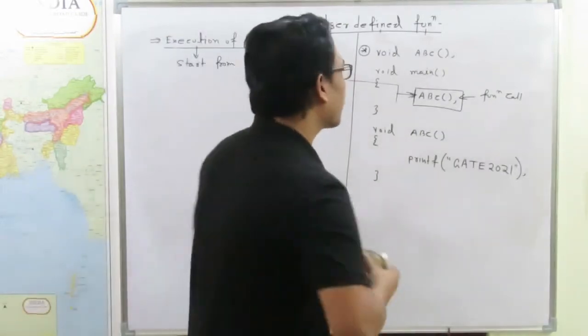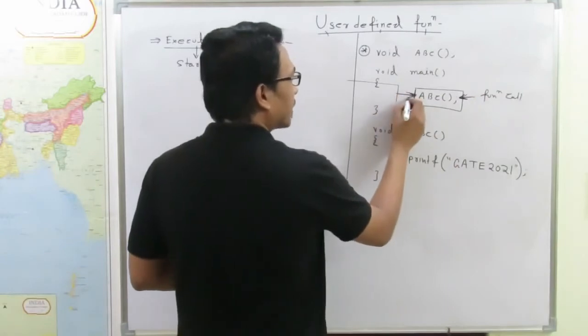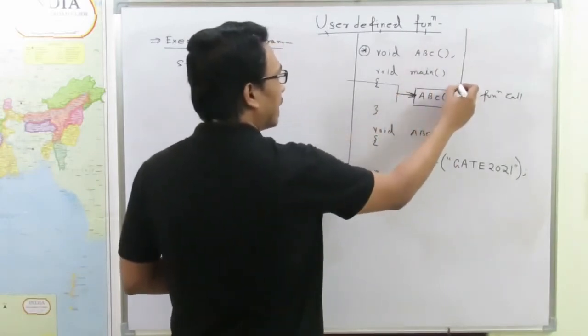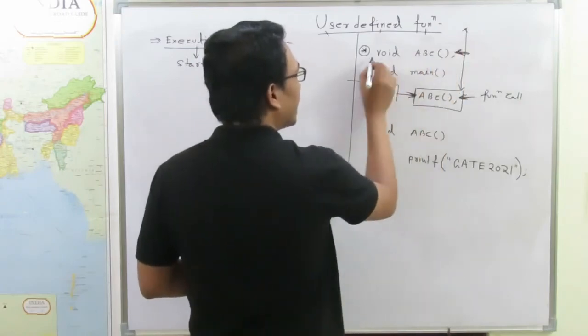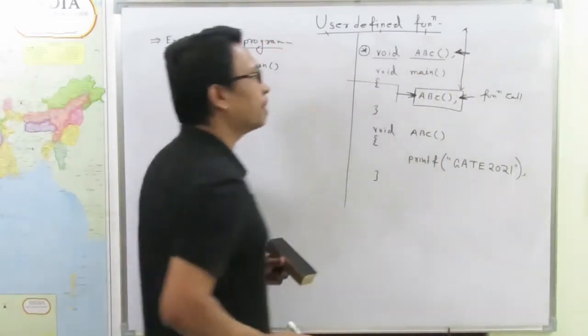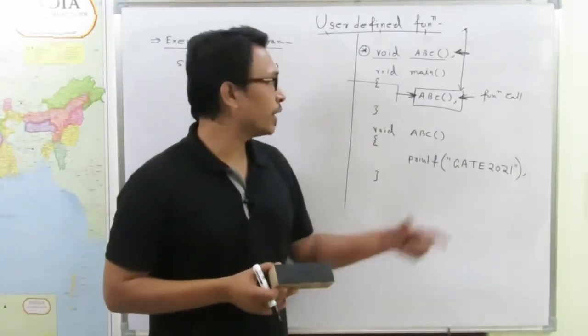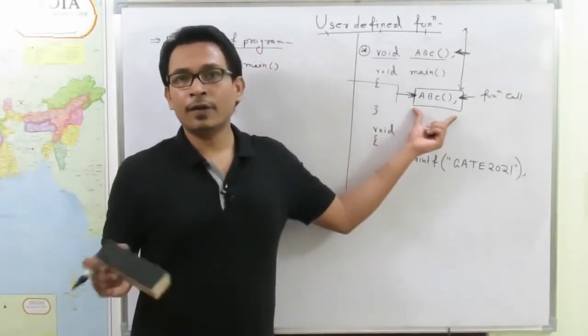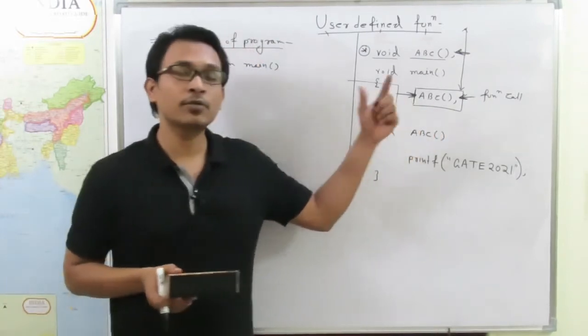Clear? So whenever it encounters this particular instruction, it checks all the instructions till here, and it gets here that this function is defined as void abc. That means it is a user defined function. So system gets to know that this is a user defined function. On which basis does the system decide that this is a user defined function?